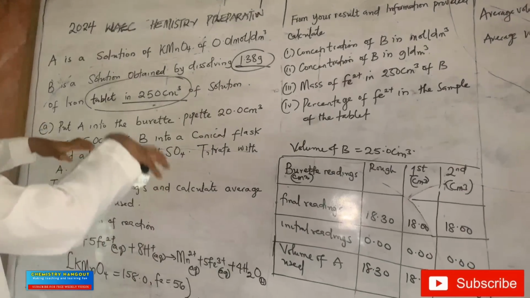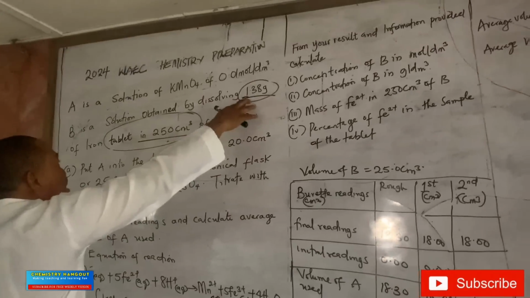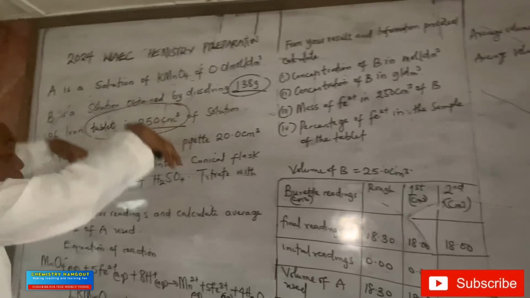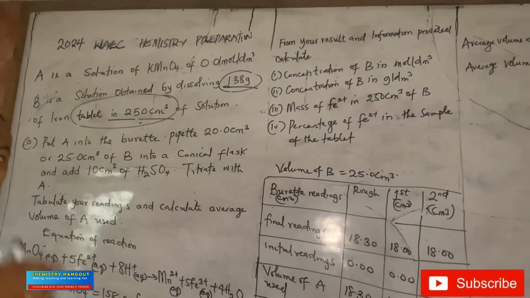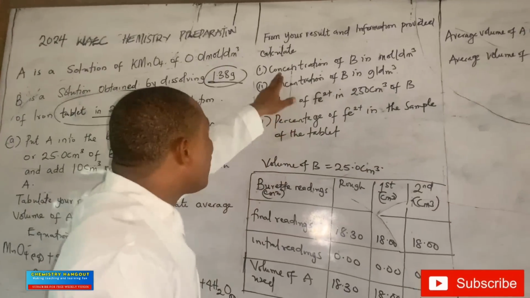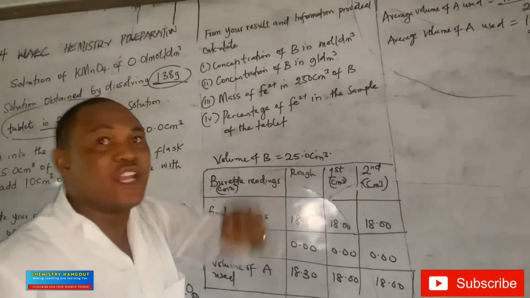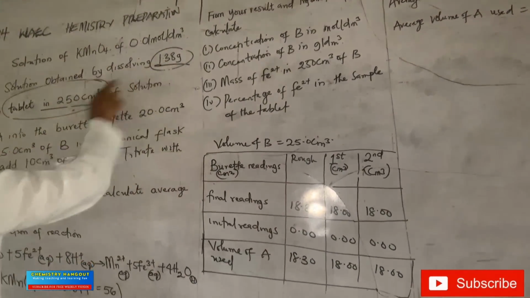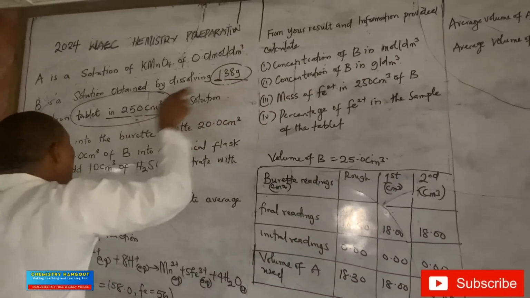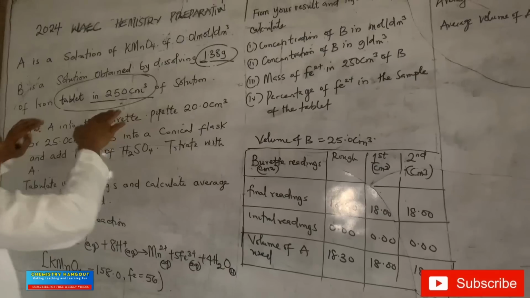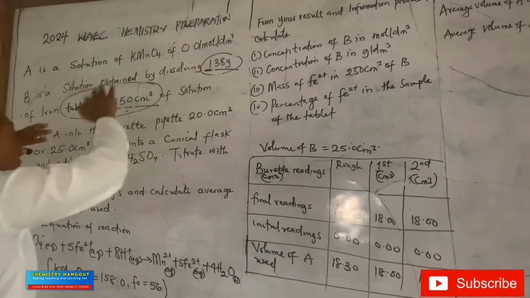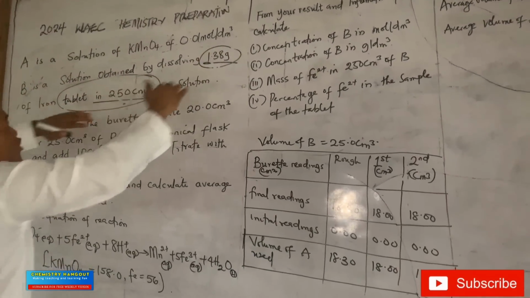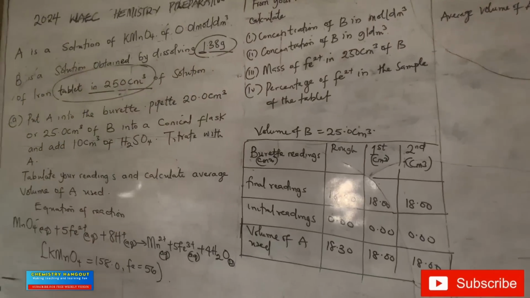That is the mass concentration of the tablet solution. But when they ask you to calculate the concentration of B, take note that these two values are for the tablet solution. Do you get that now?